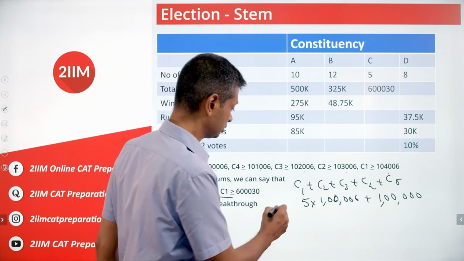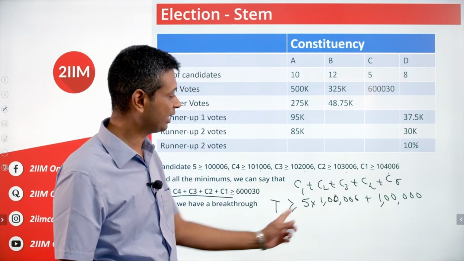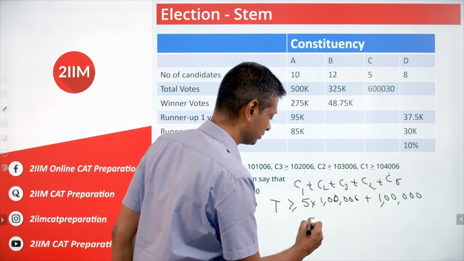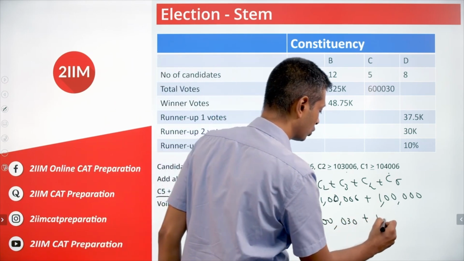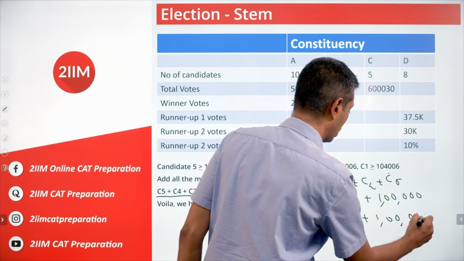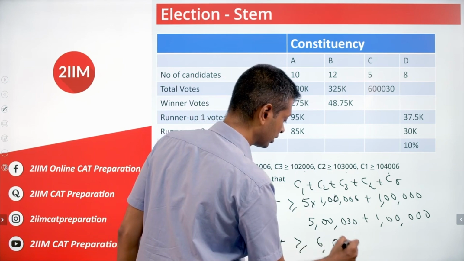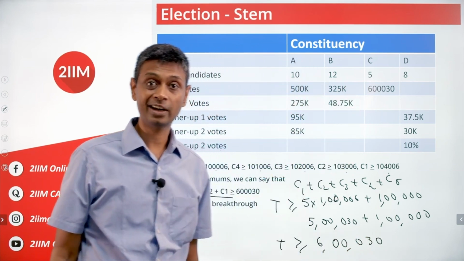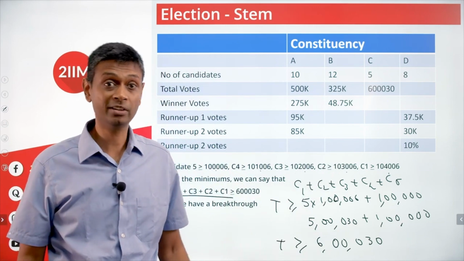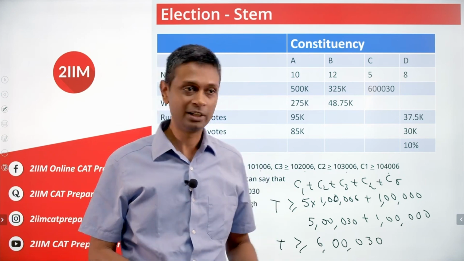The total should be greater than or equal to this. 5 times 1,06,000 is 5 lakhs 30 plus 1 lakh, so the total should be greater than or equal to 6 lakhs 30. The total is 6 lakh 30. It has to be greater than or equal to 6 lakh 30. That means the total can only be 6 lakh 30. There's only one possibility. We're through.